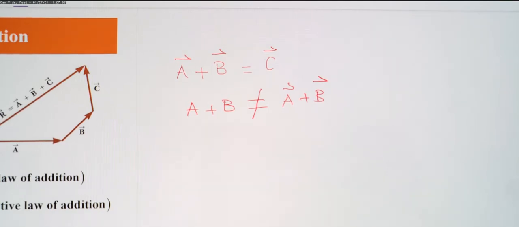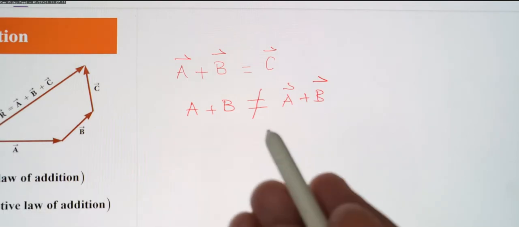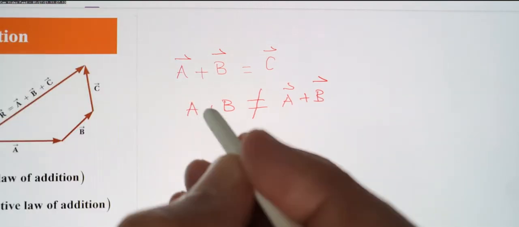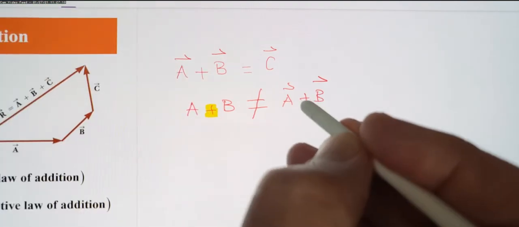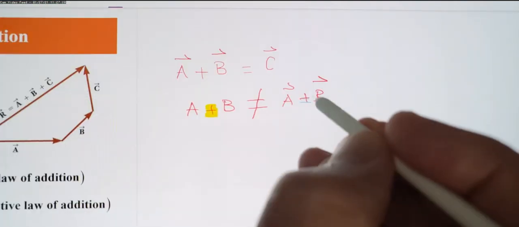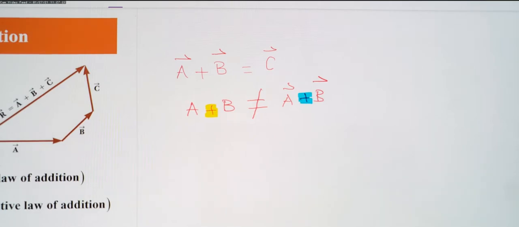Okay, what is the point? The point, guys, is that this addition is different than this addition. They are the same symbol, but A plus B is a number addition.